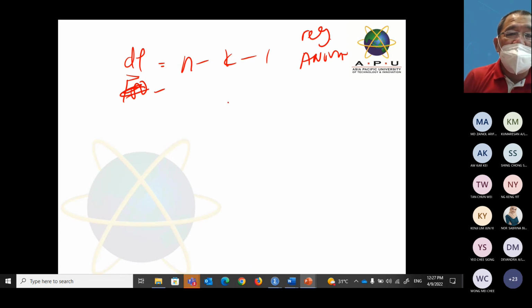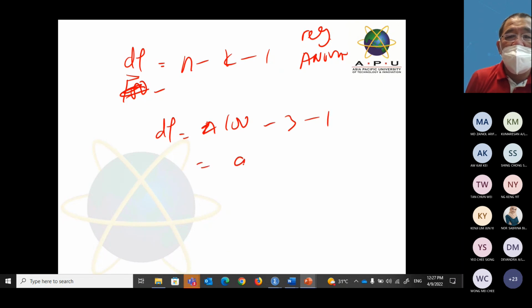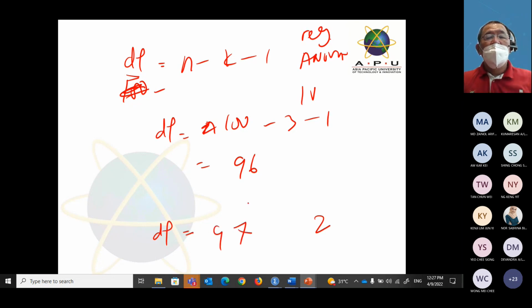When your k increases, df drops. 100 minus 3 minus 1 gives 96 when you have 3 independent variables. With only 2, df will be higher, 97. So maximize df; high is better.